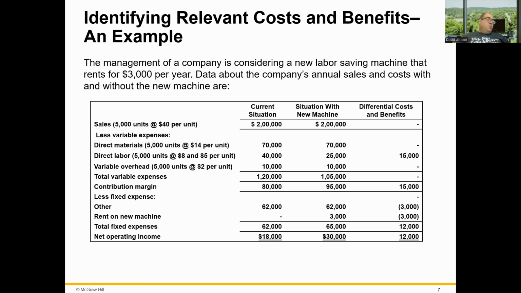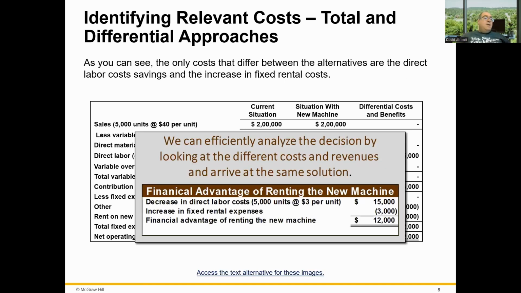Notice that the total approach requires constructing two contribution margin income statements, one for each scenario. And we've done that. Now, the difference between the two income statements is $12,000, equal to the differential benefits shown at the bottom of the right-hand column.